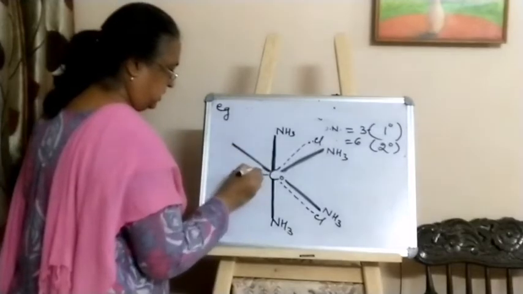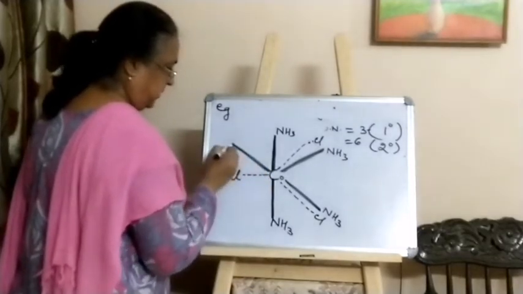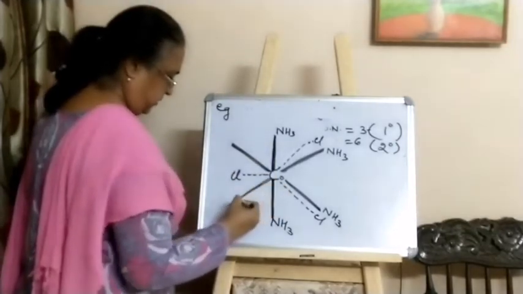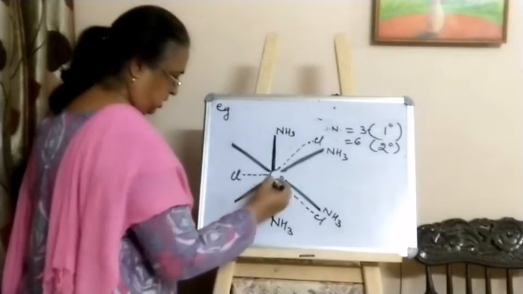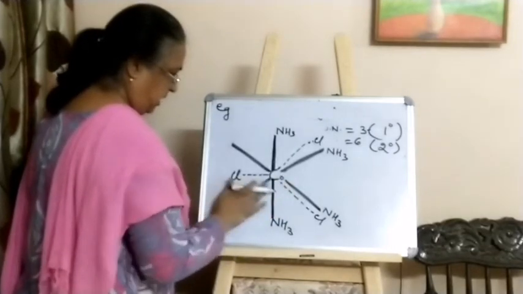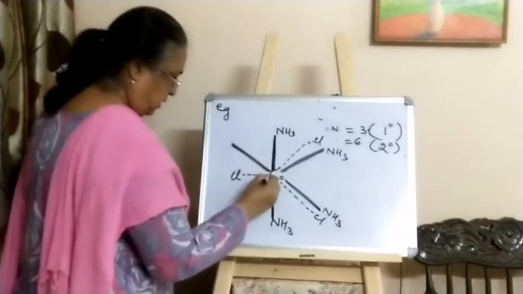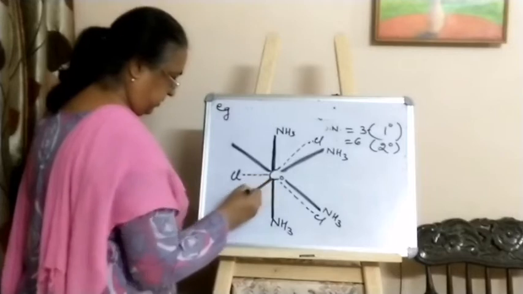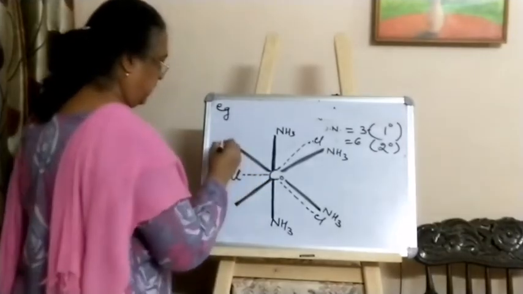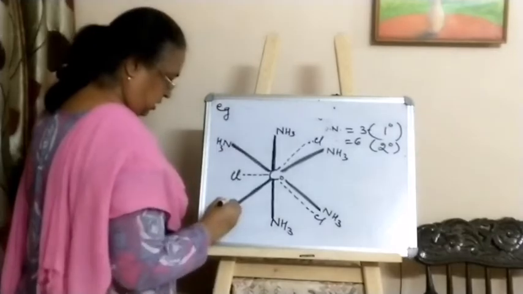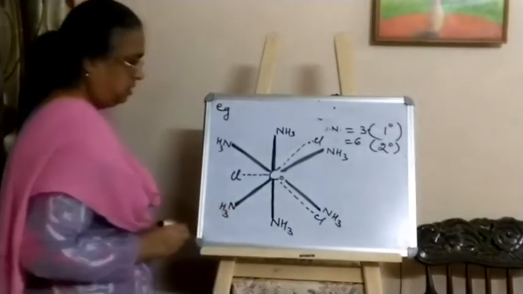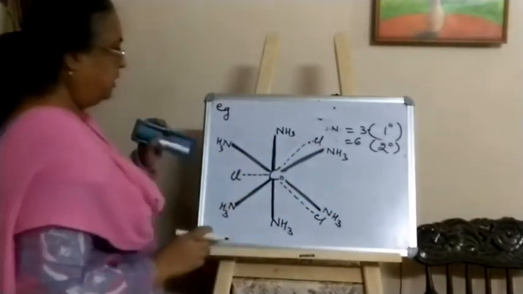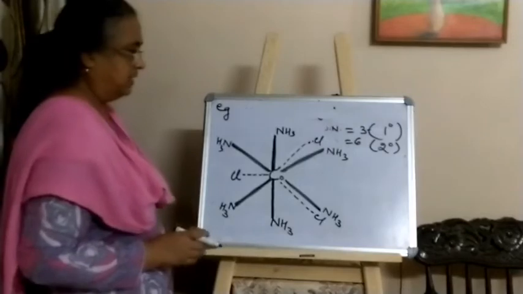At equal distances they have to be there so that repulsive forces will be minimum and the molecule will be stable. You have studied valence shell electron pair repulsion theory in class 11. So 1 ammonia molecule is here and 1 molecule is here. So we have 1, 2, 3, 4, 5, 6.